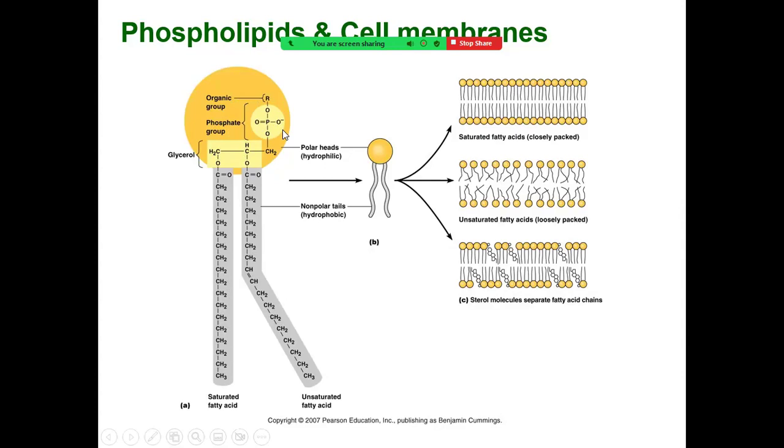And this makes the phospholipid polar on this end. We call this end the head, that has the phosphate group. And then the other end is called the tails, which have the fatty acid group, and they are non-polar. This region is hydrophobic. This region is hydrophilic.